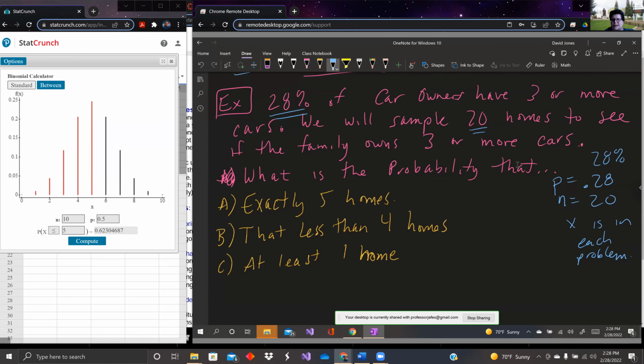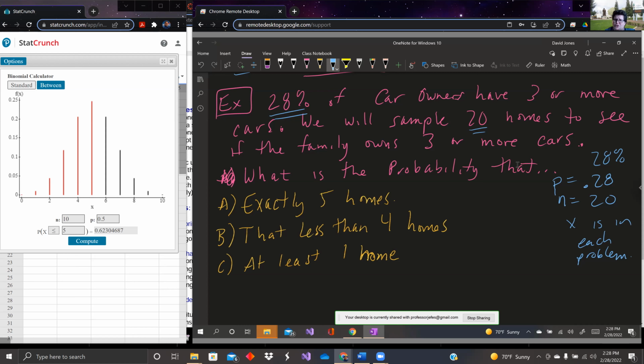Assuming we don't just go down the street and hit 20 homes on the same street, we just sample 20 homes throughout a town, from all over the place, there's no reason to think that they aren't independent. If they are on the same street, you might be hitting a rich part of town or a low income part of town, and that would definitely impact it. So we're going to assume they sampled from all over the place.